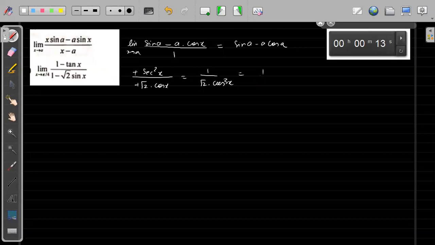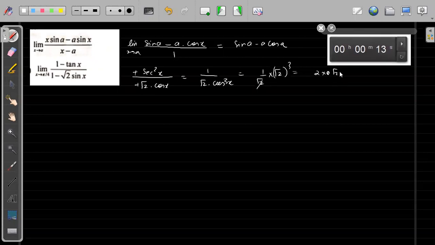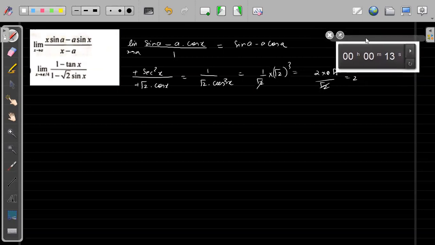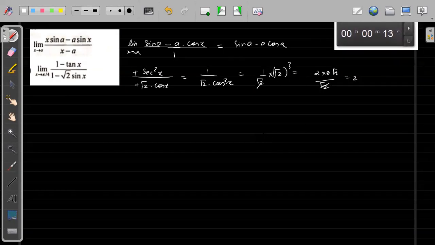So this is 1 by root 2 into 1 by root 2 whole cube, because limit x tending to pi by 4. So this will become 2 into root 2 by root 2, root 2 will get divided, so you will simply get the answer as 2. I hope everybody understood, right? Both of them we can solve easily with differentiation also.